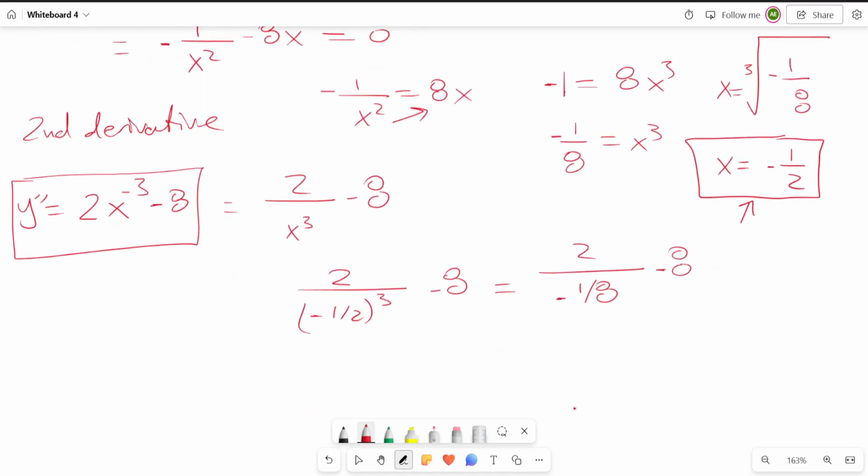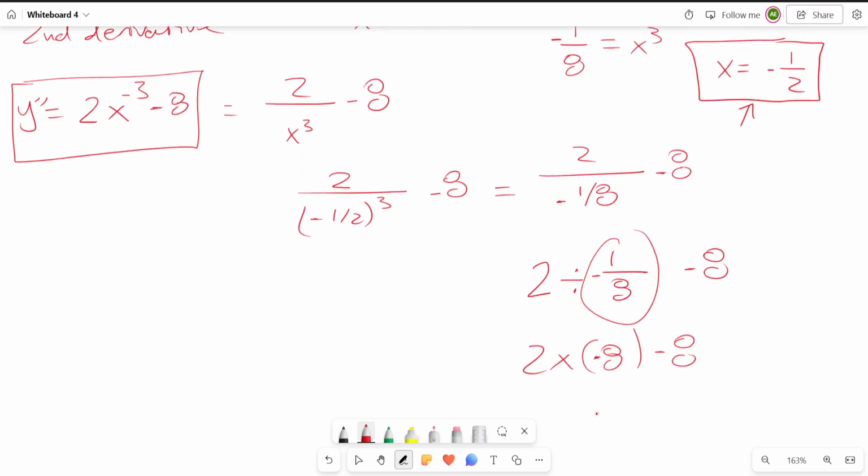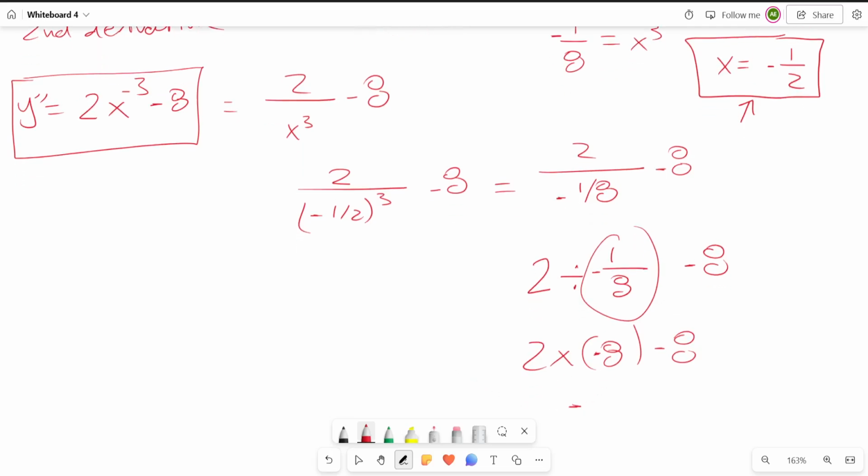So 2 divided by negative 1 over 8 is the same as 2 multiplying the reciprocal, so multiplying by negative 8, minus 8. It's going to give me an answer of negative 16 minus 8, which is negative 24.